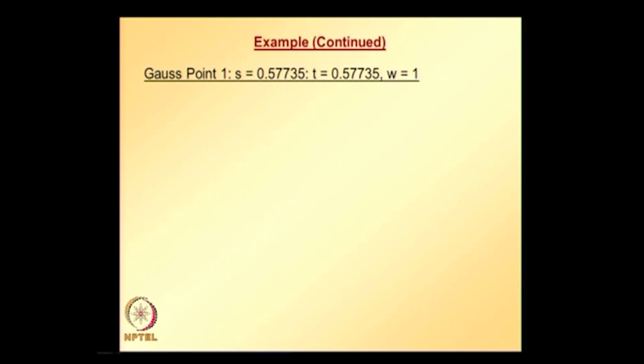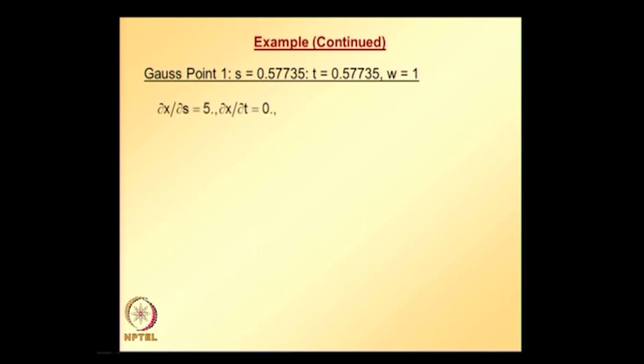We evaluate the stiffness matrix using Gauss integration. Here we are adopting 2 by 2 integration, so in total there are going to be 4 integration points. How to obtain the coordinates and weights of the corresponding integration points we already discussed several times earlier. Now let us take one integration point and see the details, and a similar procedure can be repeated at the other integration points. The Gauss point selected is given, with its coordinates and weights.